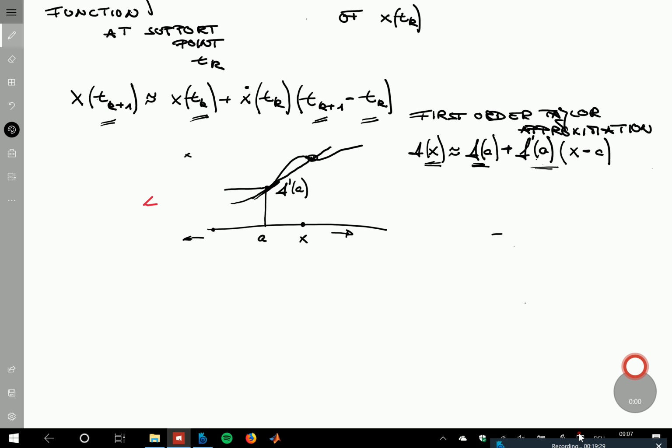Of course, this is an approximation that is only good if the distance between t_{k+1} and t_k is small.